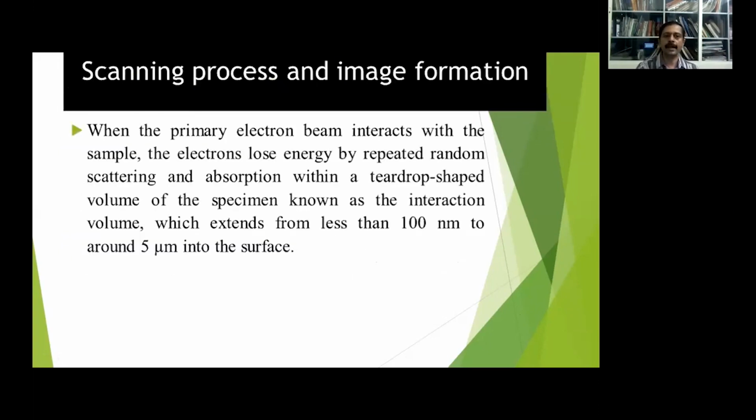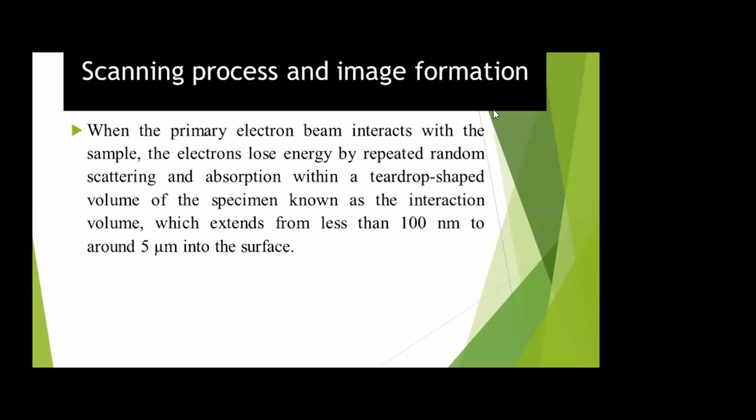When the primary electron beam interacts with the sample, the electrons lose energy by repeated random scattering and absorption within a teardrop shaped volume of the specimen, which I had already shown you in the schematic diagram.